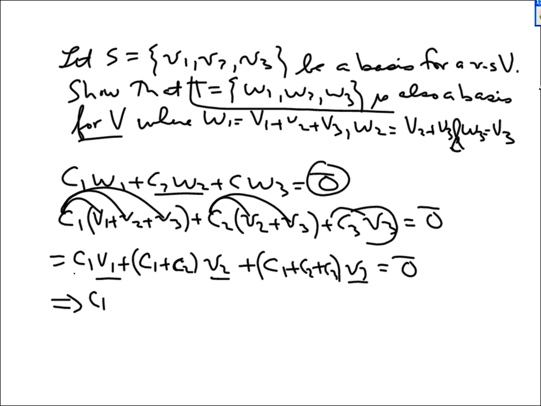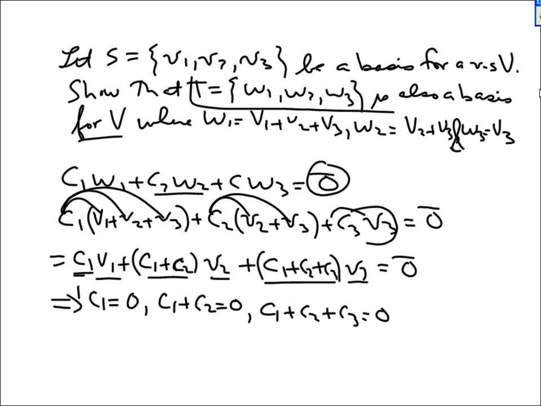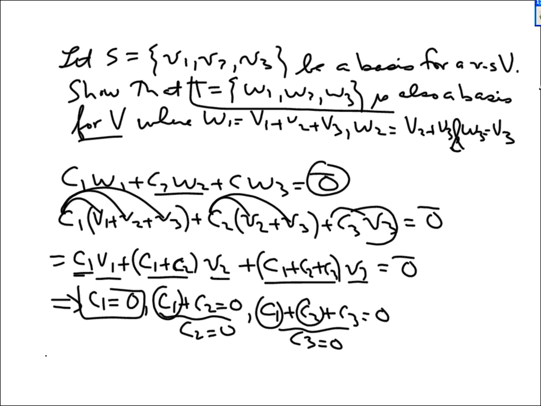So the coefficients are zero. C1 is 0. C1 plus C2 is 0. C1 plus C2 plus C3 is 0. Well, if C1 is 0, then C2 is 0. And if this is 0 and this is 0, C3 is 0.